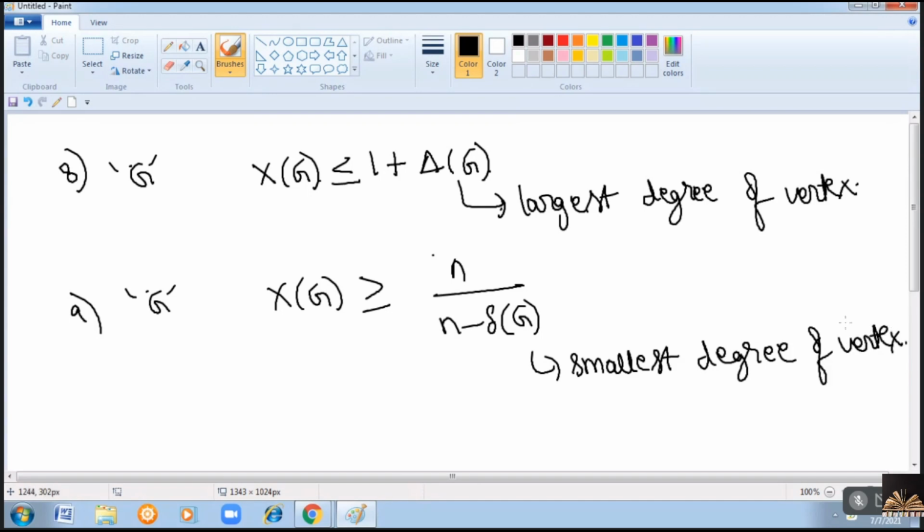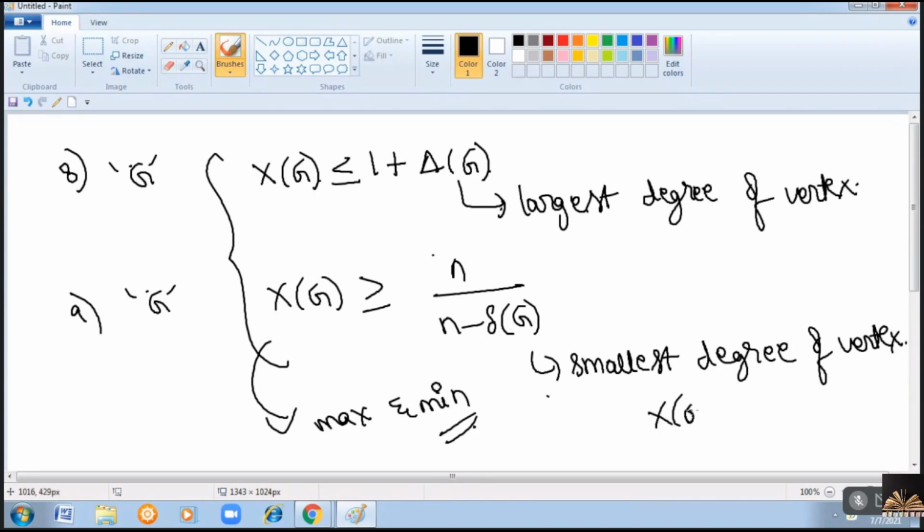So using these two formulas, you can know the maximum and minimum number of colors you require to color a graph. Clear?